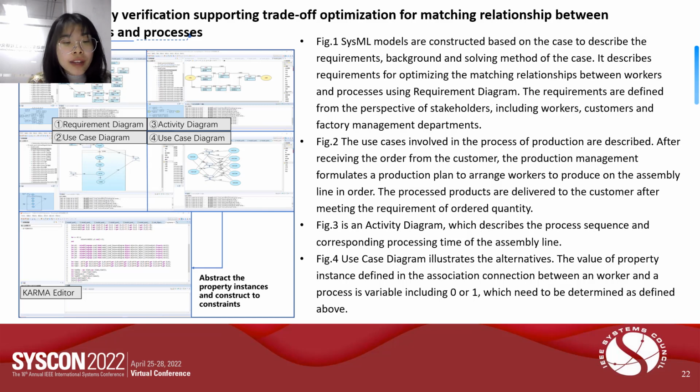Figure 3 is an activity diagram which describes the process sequence and corresponding processing time of the assembly line. Figure 4, the use case diagram, illustrates the alternatives which need to be determined as defined above.